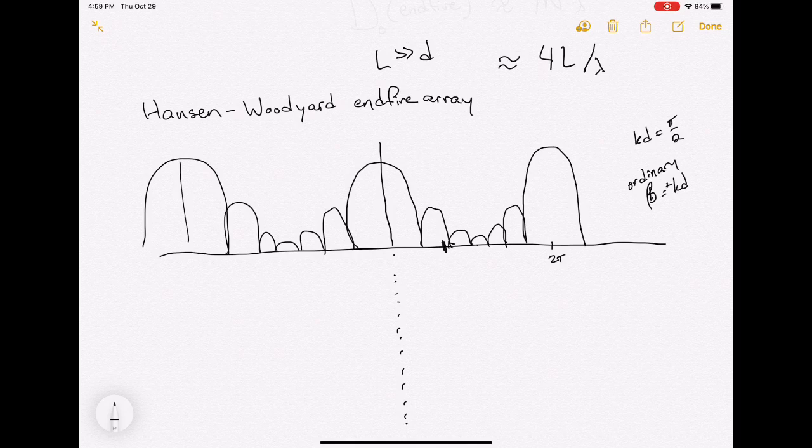We'll make it plus kd because we want it to point this way. So the circle for an ordinary Endfire array is going to be that wide, and it's going to show up right here. If you do this, you end up with a pretty wide main beam because of the way that the circle shape stretches out things that are at its edges.